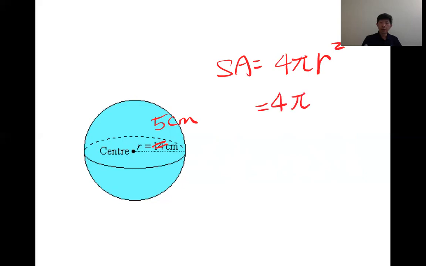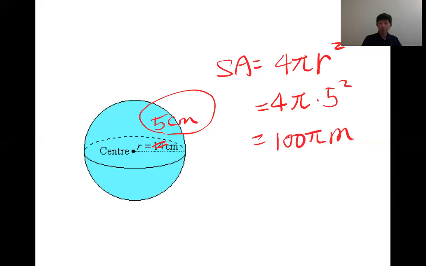This one is 5 centimeter. To find the surface area, we use 4 pi r squared. We take 4 times pi times r, which is 5 squared. So 25 times 4 is 100 pi centimeter squared. That's the surface area.